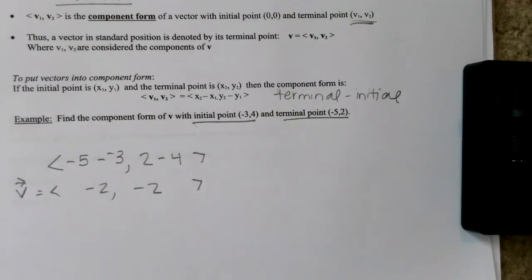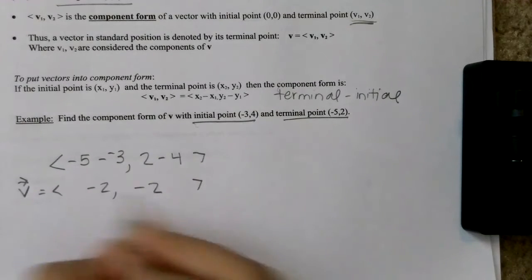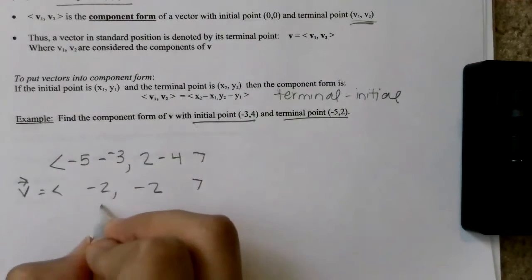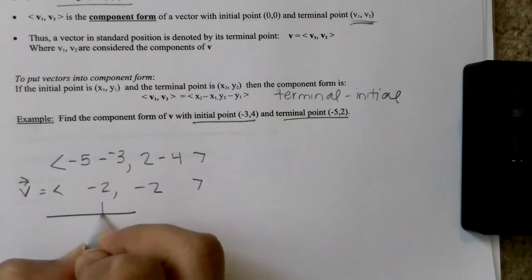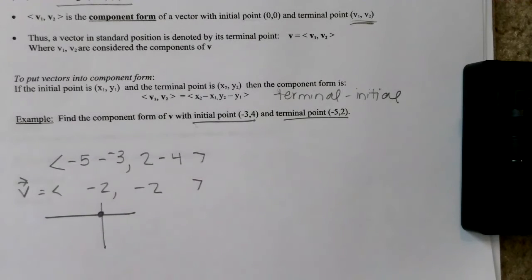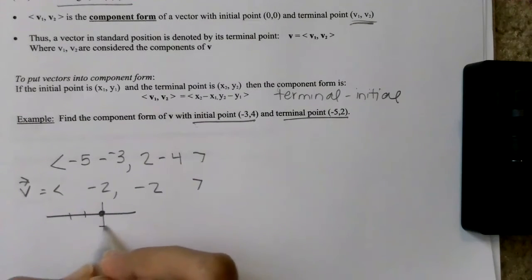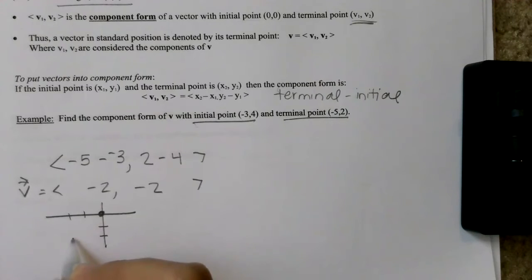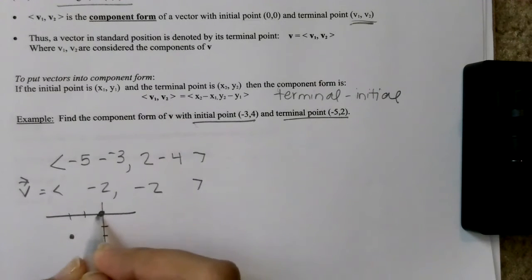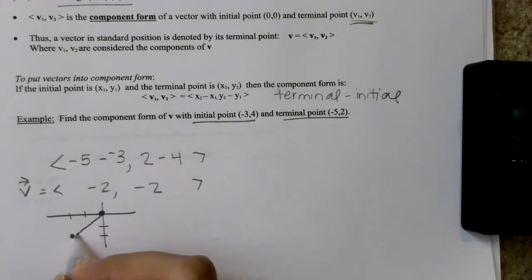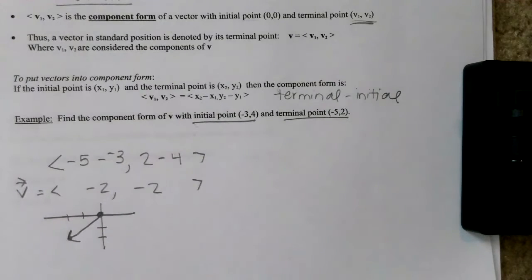And what that means, if I'm given a vector in component form, it means that it starts at 0, 0, that's the initial, and it goes in the direction and ends at the point -2, -2. So it goes from the initial to the terminal point, and that is the vector.